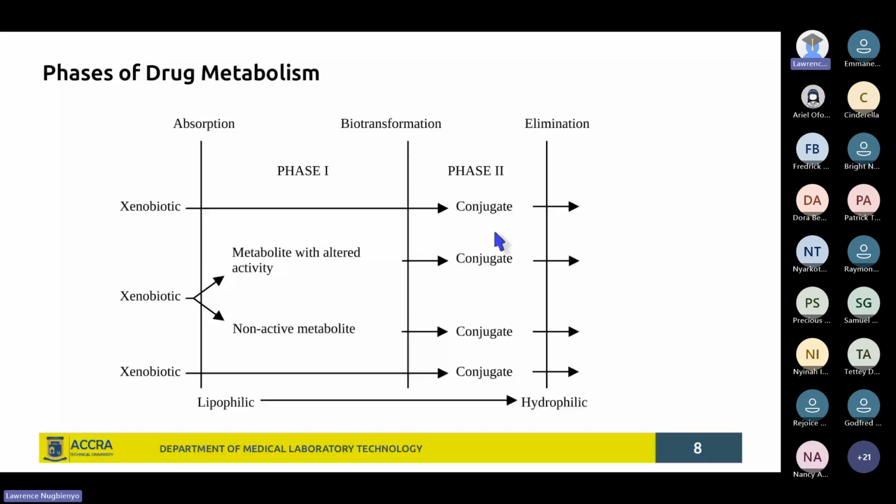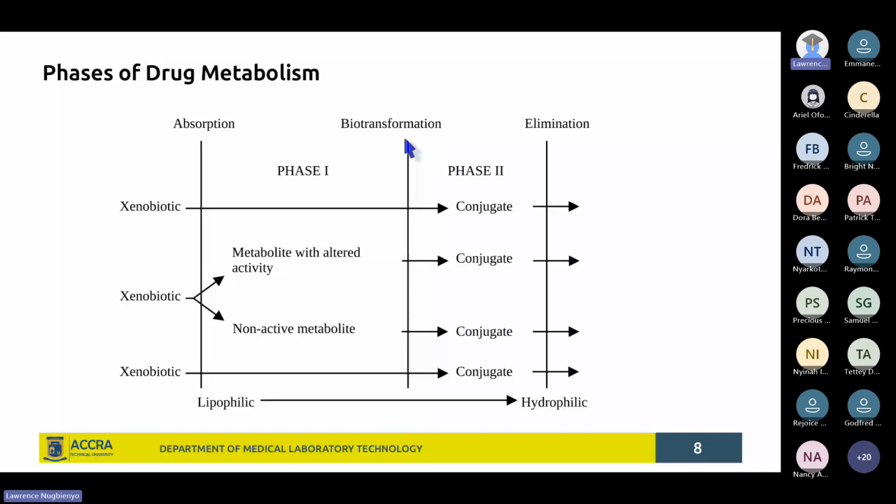So what you are seeing here, the two phases, what processes occur in those two phases. So you have a xenobiotic. So that's a substance that is taken into the body, by absorption. And then transformation at a stage. And there will also be elimination.